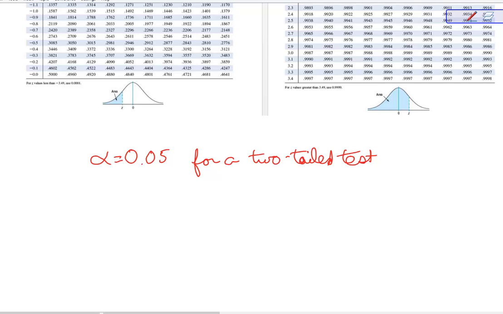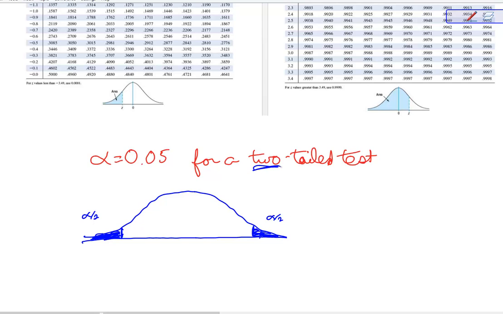For a two-tailed test, this is where it gets a little bit trickier. I have to put a tail on each side, and I can't put 0.05 in both tails because that would be too much. I would have too much of an alpha. This is where, if it's a two-tailed test, I have to put alpha divided by 2.